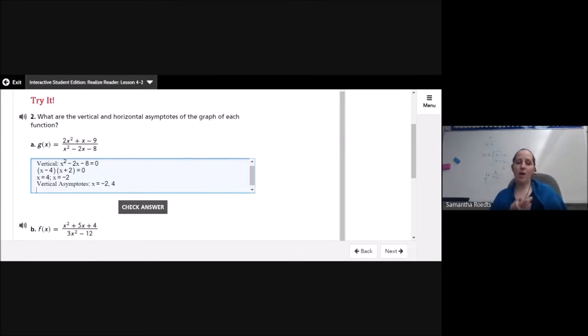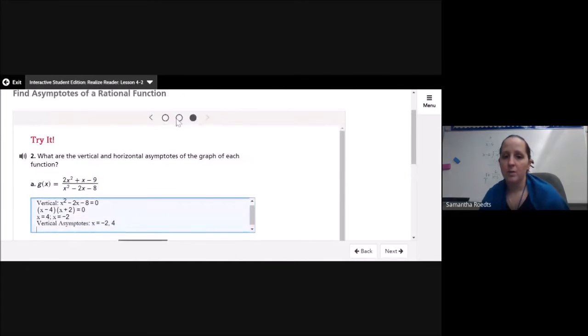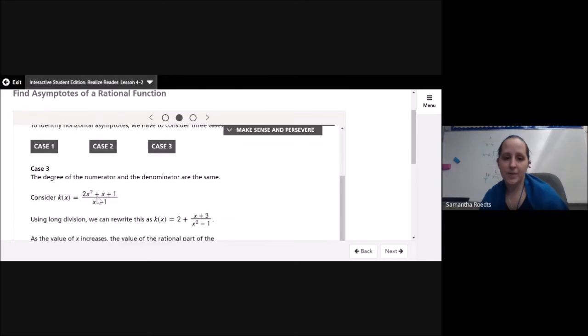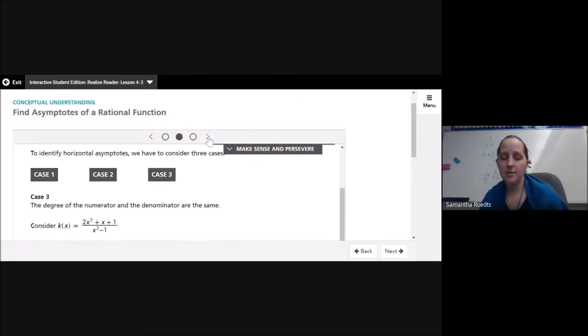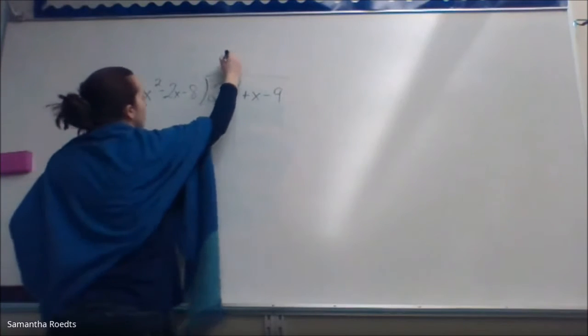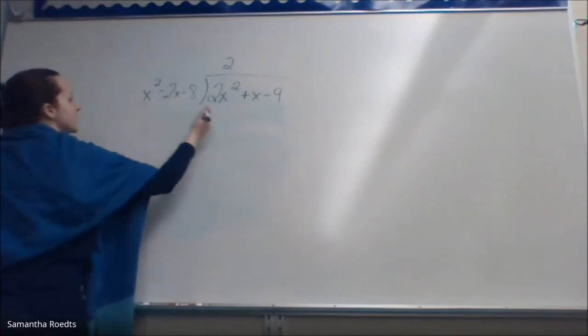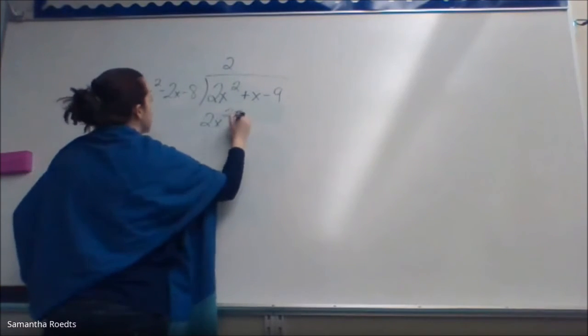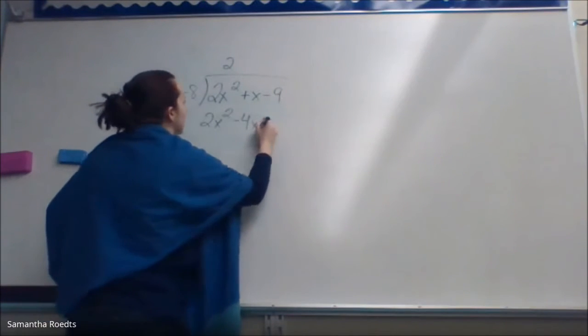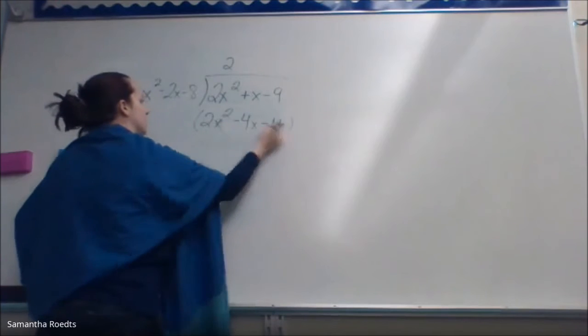My horizontal: the degrees are the same. Remember, back over here, case 3: if they're the same, I divide. When I divide, 2 times this gives me 2x squared minus 4x minus 16.